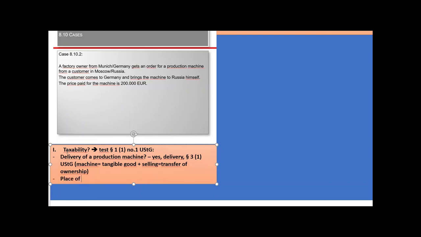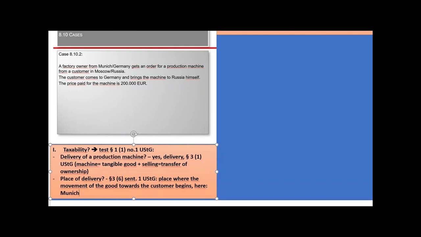Now, place of delivery. Is it 3.6 or is it 3.7? So will that be moved or not? And the answer is here: the customer comes and moves the good outside Germany. So with movement, the place is where the movement or transport of the good towards the customer begins.